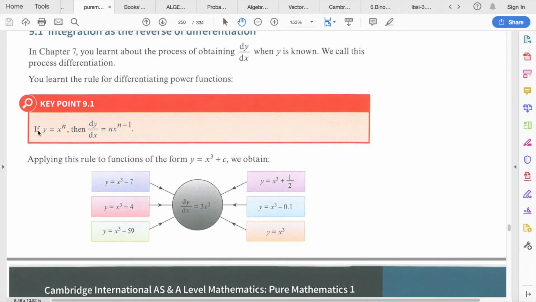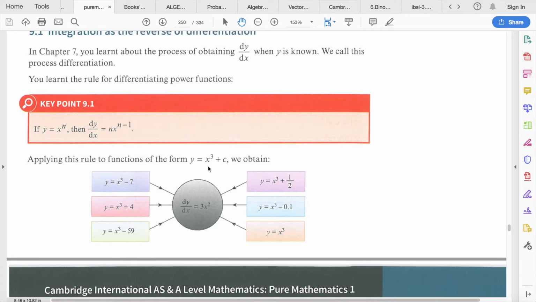For example, you know that if y = x^n, then dy/dx will be nx^(n-1).